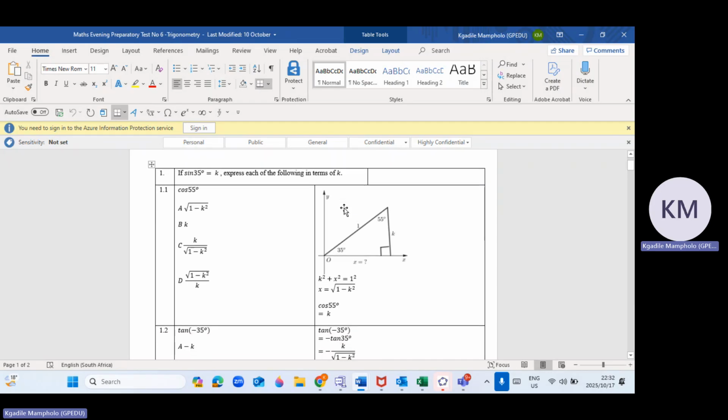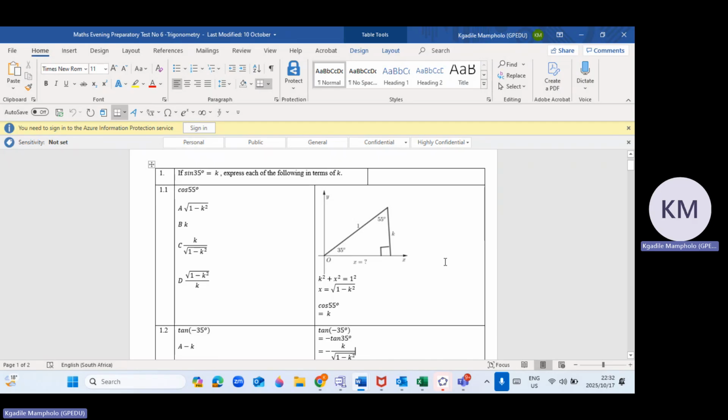Unlike in questions where you are given restrictions, here the angle is 35 degrees, which is in the first quadrant. If it's 35 here, you can just write 55 here, so that when you are given 55, you don't have to do the reduction. You already know the angle.